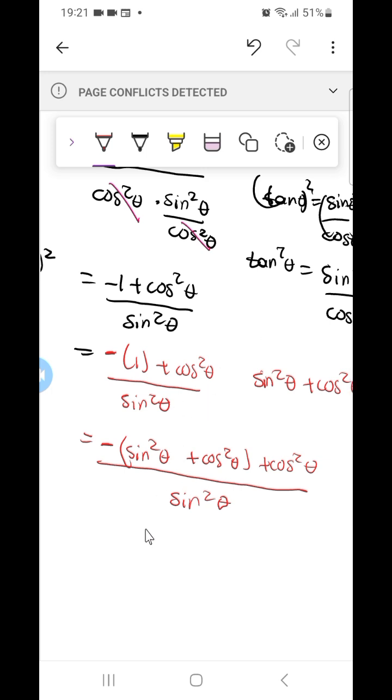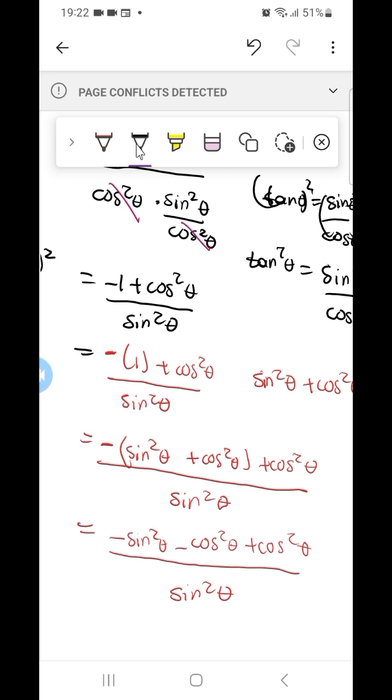So when you do that, you have to distribute the negative. So you'll have negative sine squared theta minus cos squared theta plus cos squared theta, and then you divide that by sine squared theta.